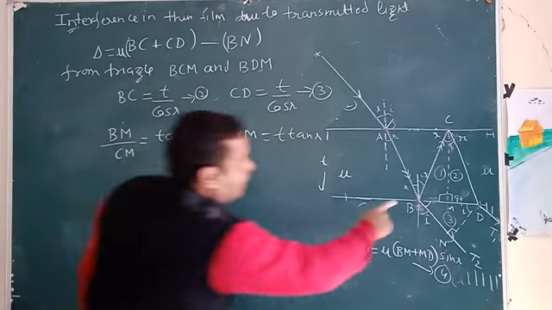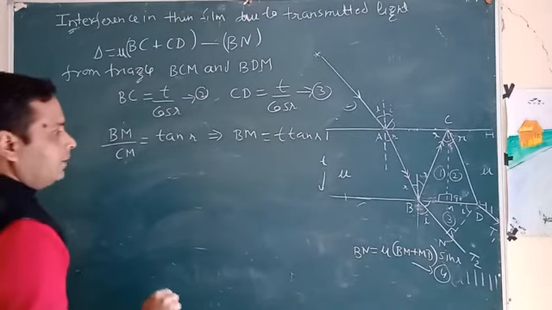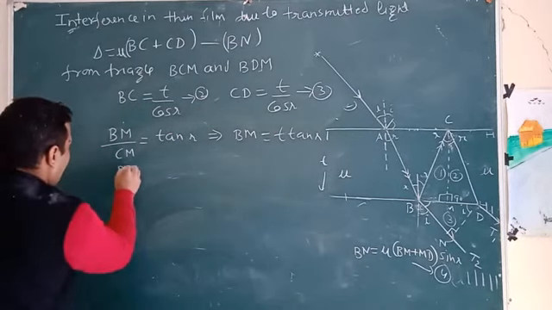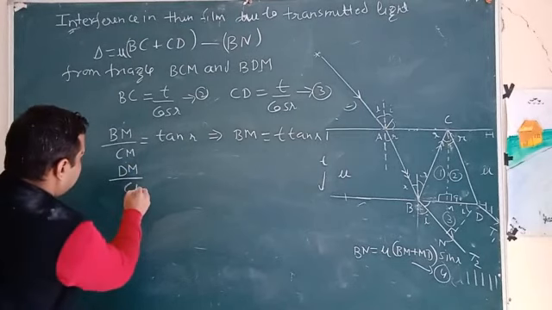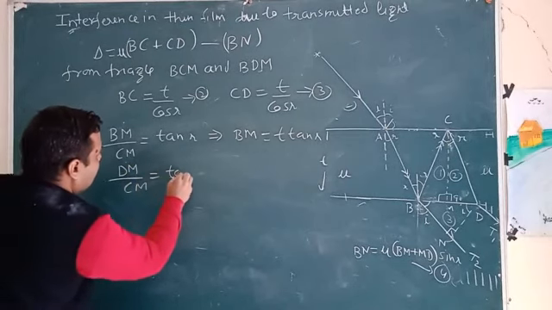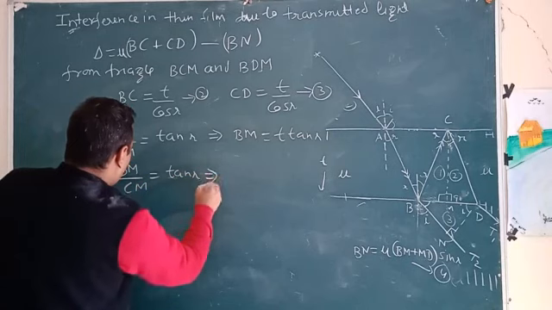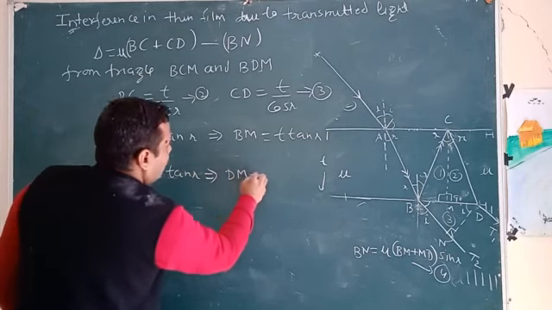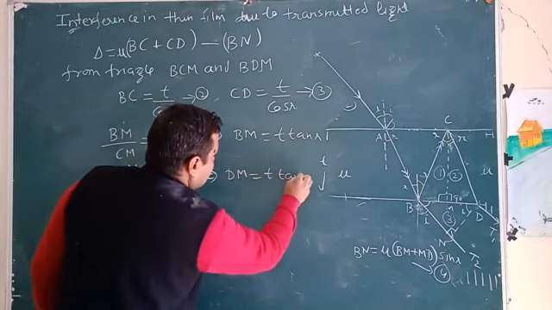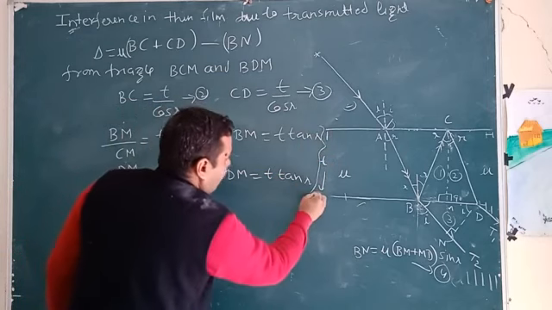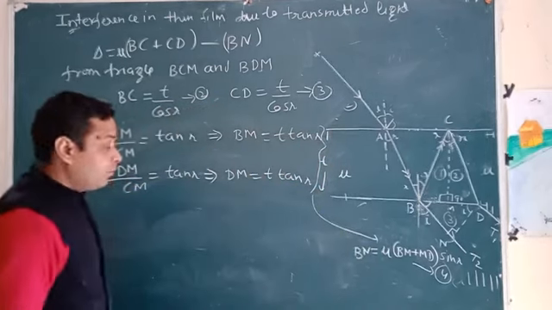Again from triangle 2, MD upon CM is equal to tan r, so MD is again T tan r. We put these values in equation 4.